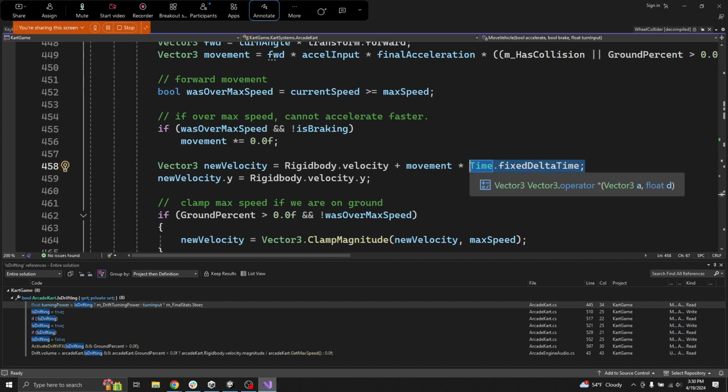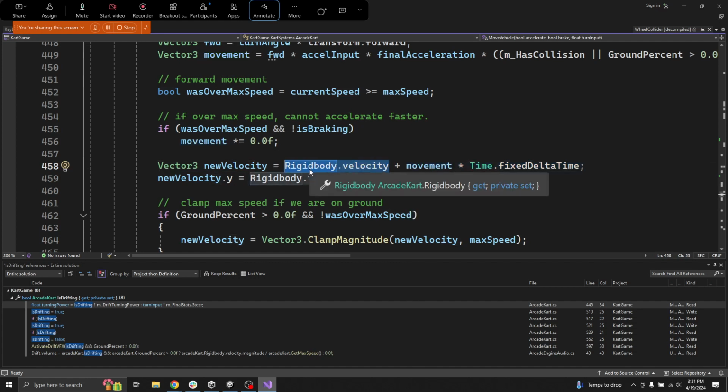We're in a little fraction of a second. So when you multiply it by that little fraction, this movement gets chopped down. Let's just say this movement was meters per second. Well, when you multiply it by 0.1, we then convert that down to 1/10 of a second so that we get accurate movement. But once that happens, all we do is add that to our current velocity. And then that's our new velocity.